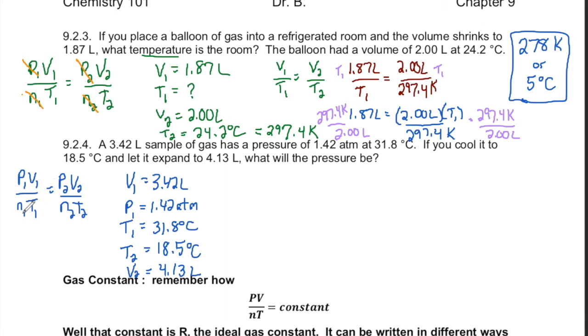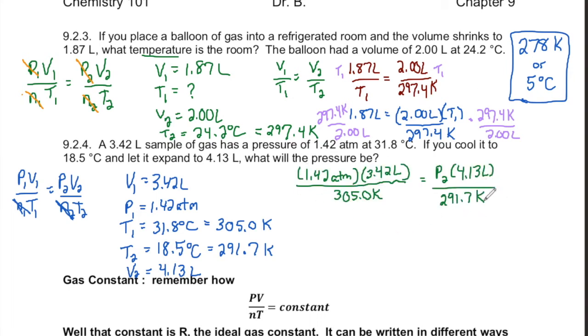Okay, so we don't have the moles. We're not going to need that one, but we're going to need P1 V1 over T1 equals P2 V2 over T2. And before I insert those, I'm going to go ahead and convert these temperatures. And so we have 305.0 Kelvin and 291.7 Kelvin.